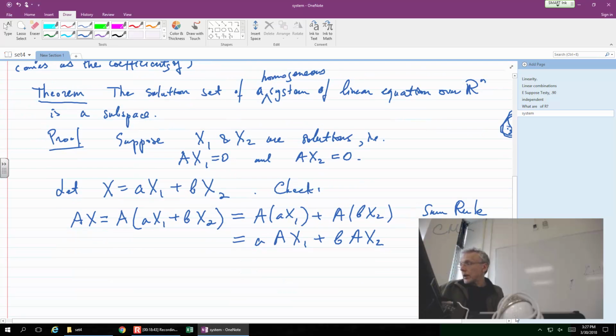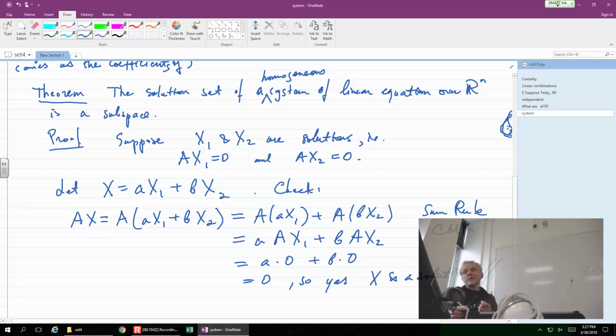And now what? All of the Ax1 and Ax2 are zeros, right? So it's a times 0 plus b times 0, and the whole thing is equal to 0. So yes, x is a solution. That's a crucial step in our analysis. So the solution sets are subspaces.